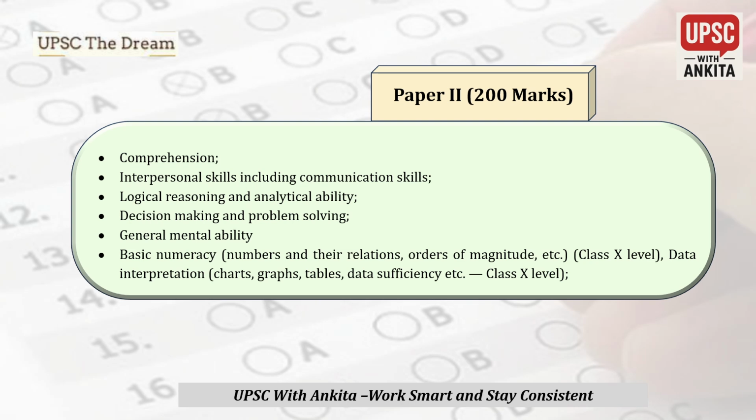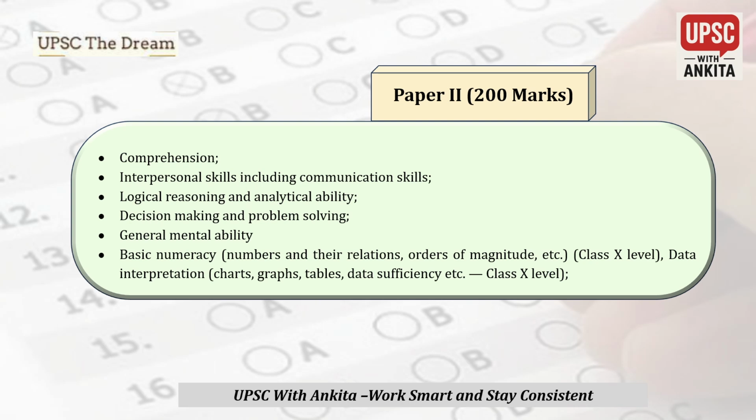The syllabus of Paper 2 is the comprehension part, interpersonal skills including communication skills, logical reasoning and analytical ability, decision making and problem solving, general mental ability, basic numeracy. This paper 2 consists of 80 questions. Each question in CSAT is worth 2.5 marks.